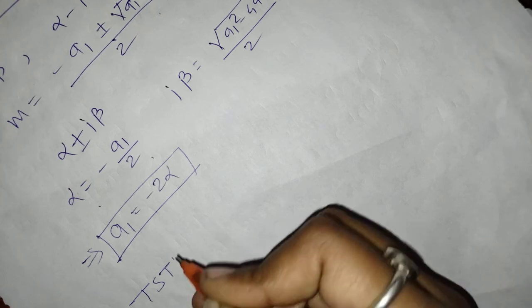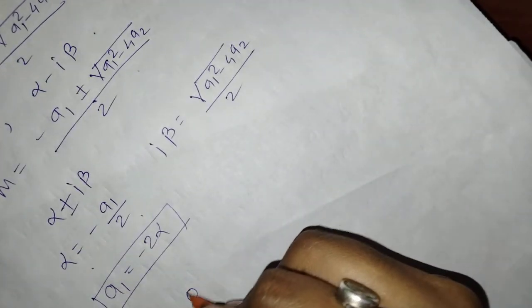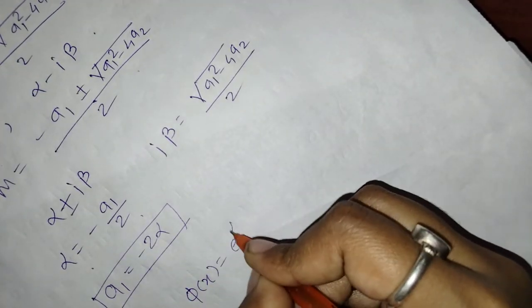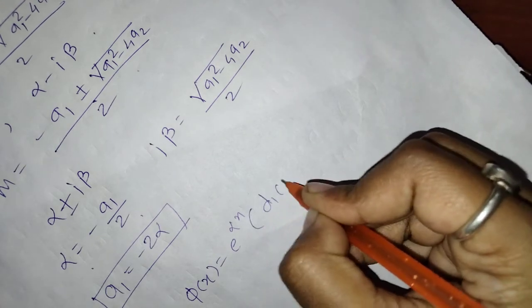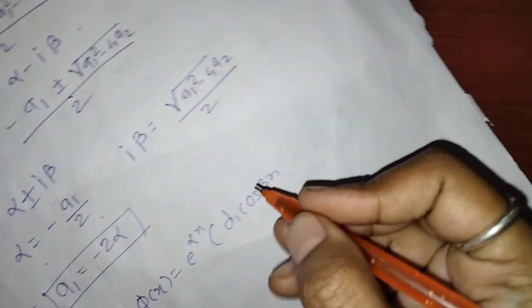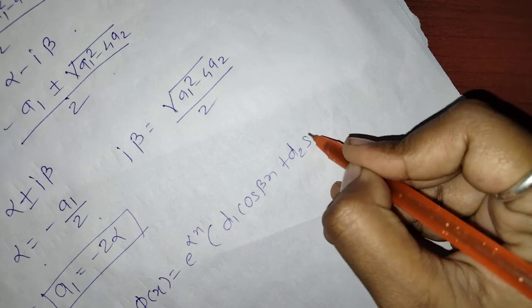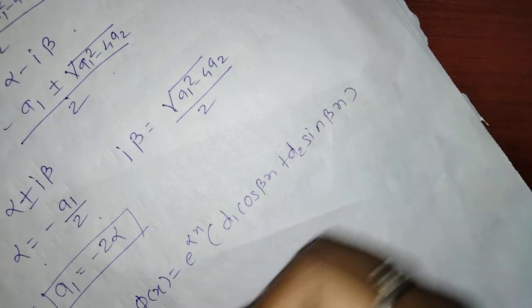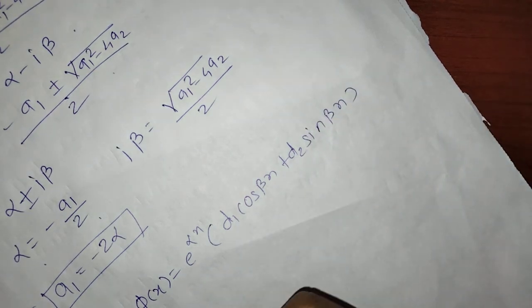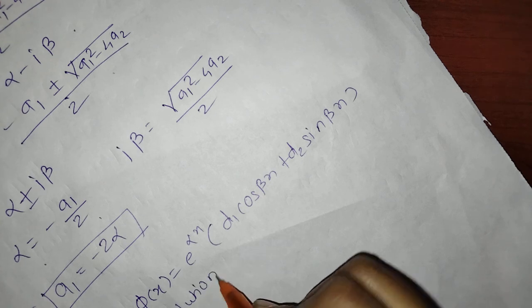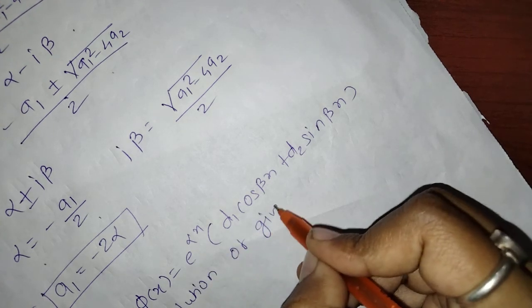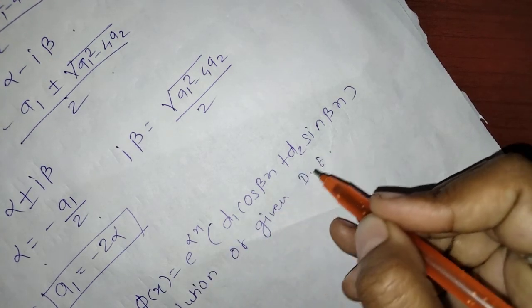So for b, to show that phi of x is equal to e raised to alpha x into d1 cos beta x plus d2 sin beta x is the solution of the given differential equation.